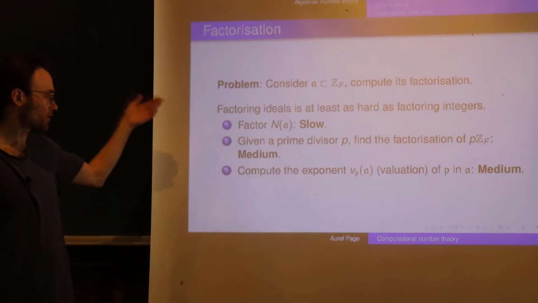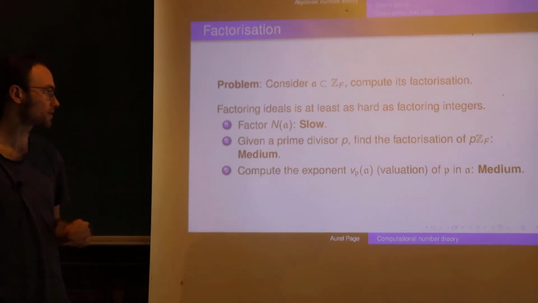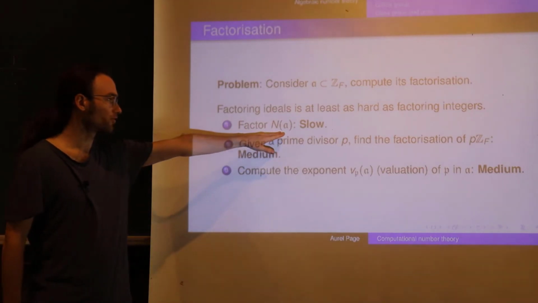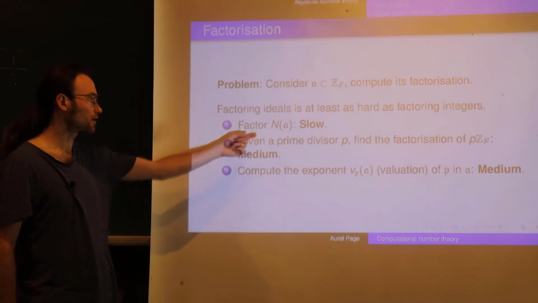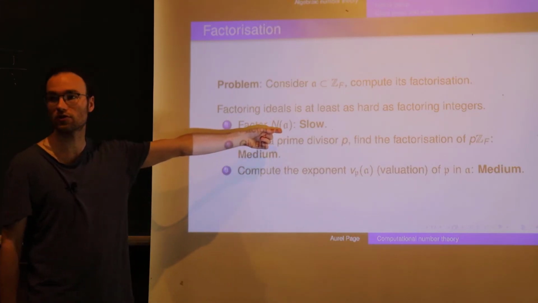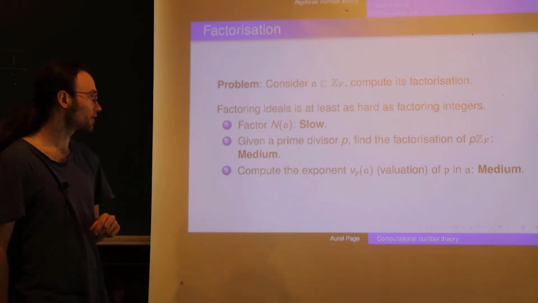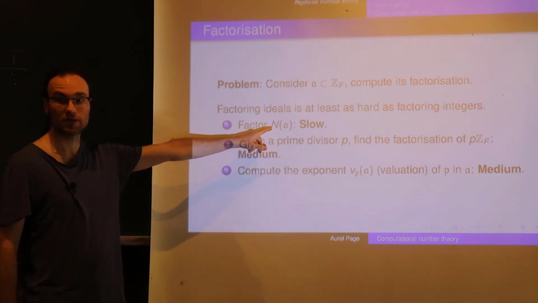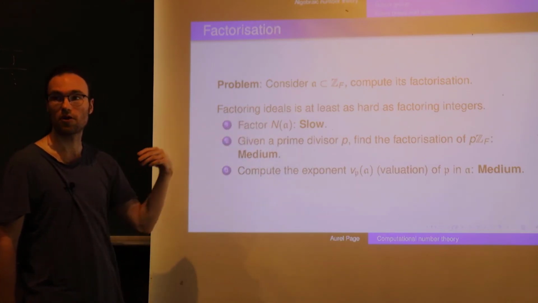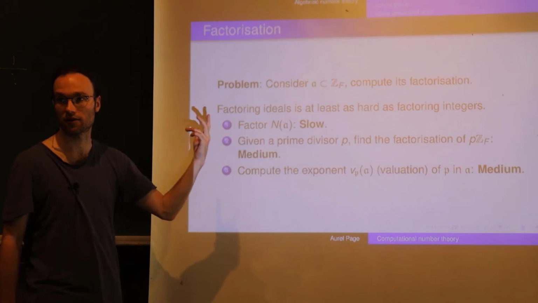So in particular, we should allow ourselves to factor some integers. And so we are going to divide factorization into 3 steps. First, factoring the norm of A. Why is that? Because the norm is multiplicative, that will give you a first information about the factorization of A. In particular, it's going to give you the prime numbers above which the prime ideals that divide A are lying.